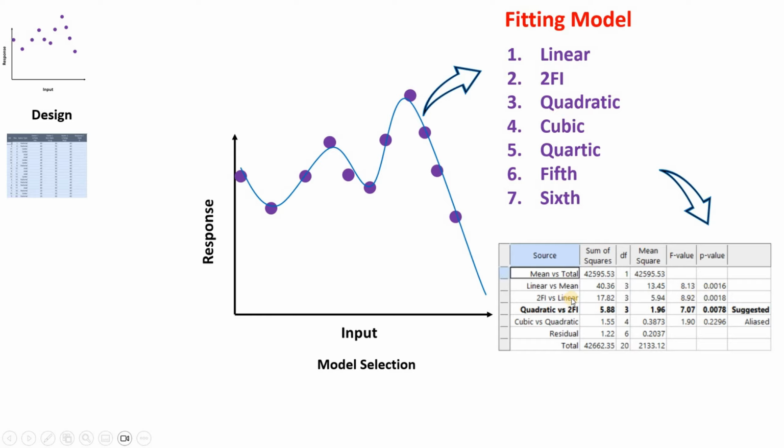Here, increasing from linear to 2FI there is a significant impact, so we can use 2FI. From 2FI to quadratic model, again there is a significant increment. From quadratic to cubic there is no significant impact, so increasing the order won't help significantly. That's why the quadratic model will be suggested for this experiment.